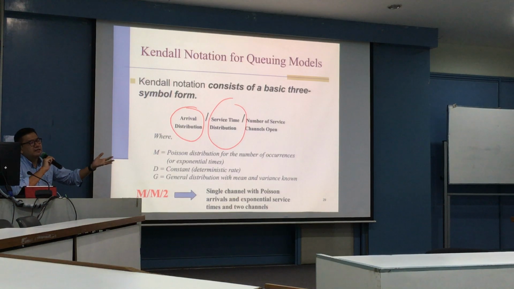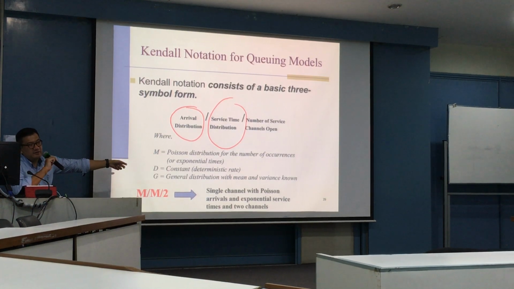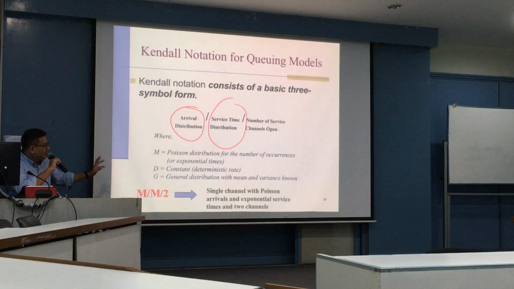General distribution means any other distribution that is not exponential and not constant. It may be a normal distribution, maybe a uniform distribution, and so on. But we need to know the mean and the standard deviation of that distribution.